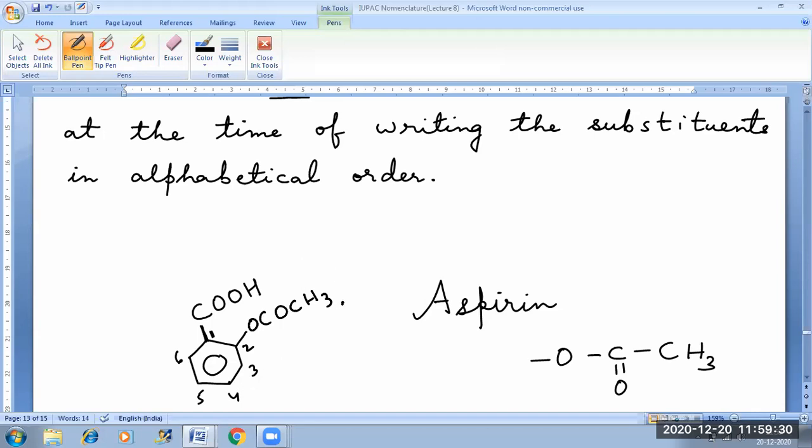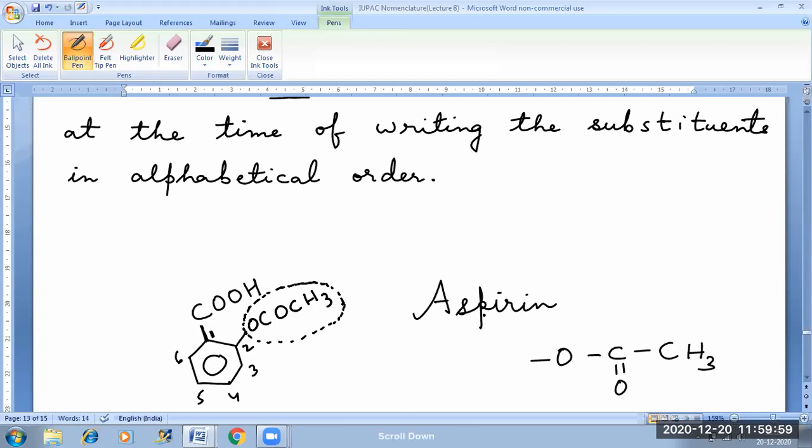At the second position, I have this as a substituent, because COOH is the principal functional group. So whatever apart from COOH is present will be treated as a substituent. So OCOCH3 is a substituent, and that is why it is called.